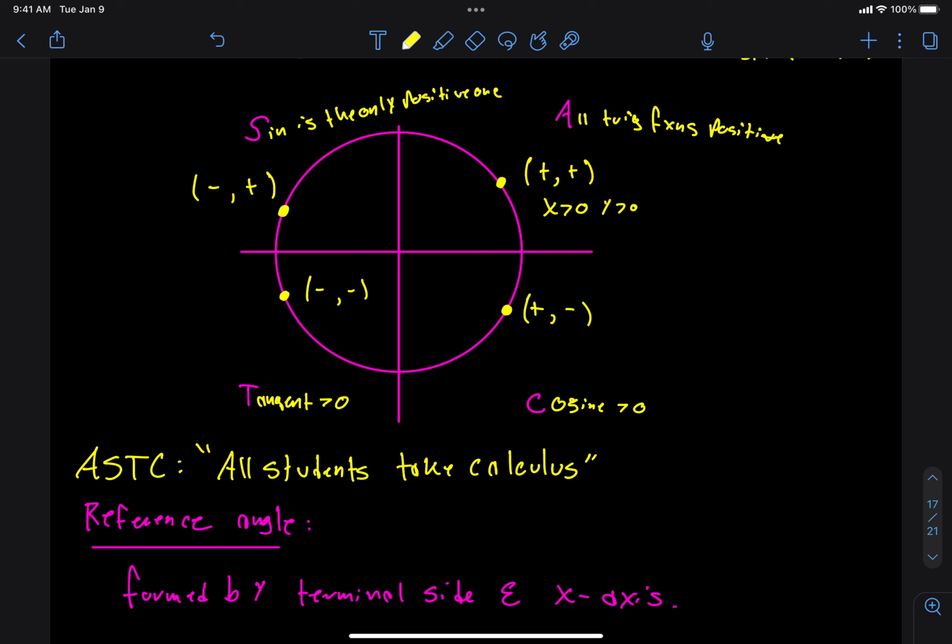So this is going to be 1 over cosine of 11 pi over 6, which is going to be equal to what? 1 divided by the square root of 3 over 2, which is 2 over the square root of 3, which is 2 root 3 over 3, if we rationalize.